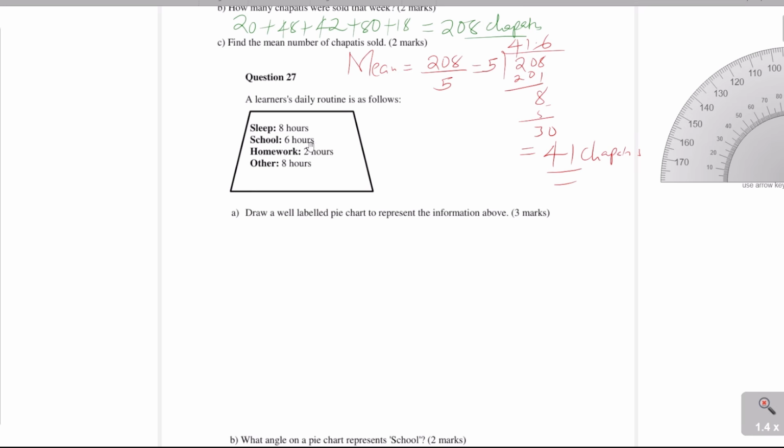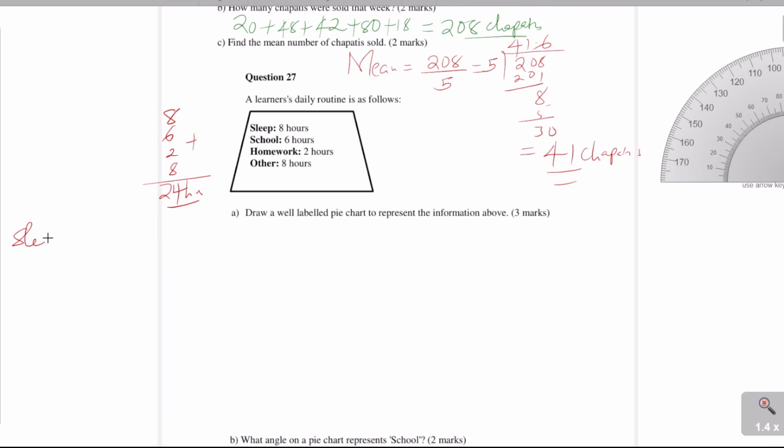So you start by getting the total number of hours. You get 8 plus 6 plus 2 plus 8. So add all of them. These will give 24 hours. So for these 24 hours, 8 hours are for sleep. So now we want to get the angle represented by each.